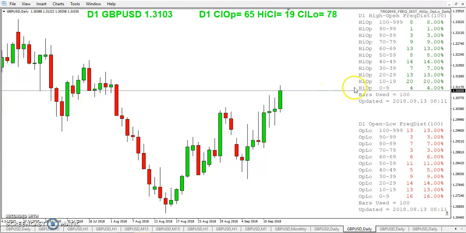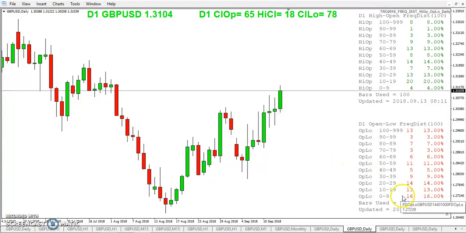So you can see here when it hits 10, you got about a 20% chance of it hitting the buy zone and exceeding it. So if you get to 20, you see 24, that's about 76. So 7 out of 10 times, you should be able to hit 20 pips or more going to the upside.